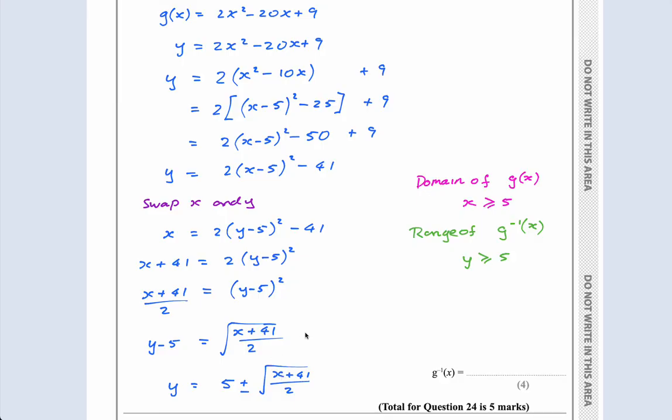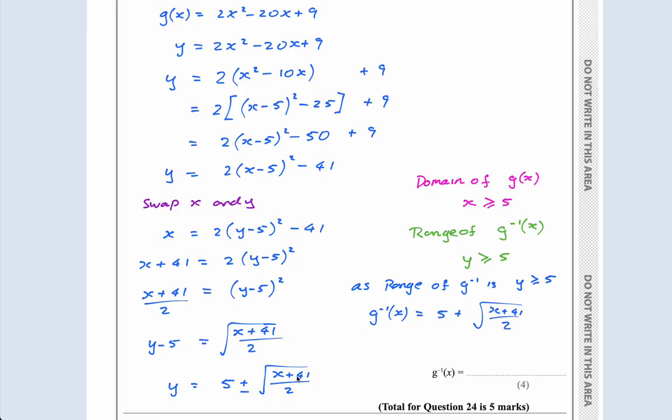But, well, I'll put that in, and then over here I'll say as range of g minus 1 is y greater or equal to 5. y must be, or g minus 1 of x has to be 5 plus the square root of x plus 41 over 2.